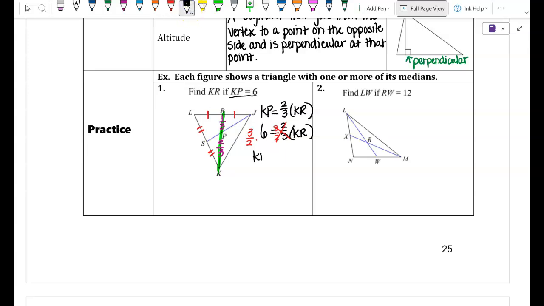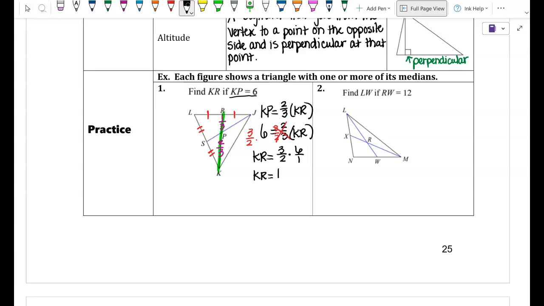So KR equals 3/2 times 6/1. Now, at this point, you could cross cancel if you want to, or you can just multiply through and simplify. It does not matter. If we multiply through, remember when multiplying fractions, we multiply the numerators together and the denominators together.